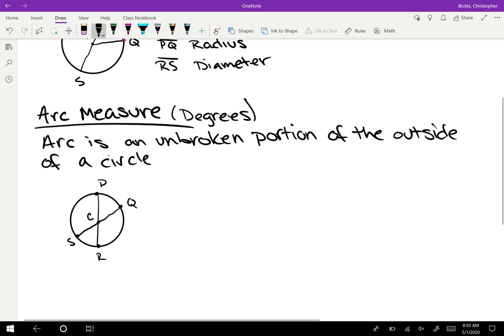What's really, really nice about arc measure is the measure of an arc is equal to the measure of its central angle.